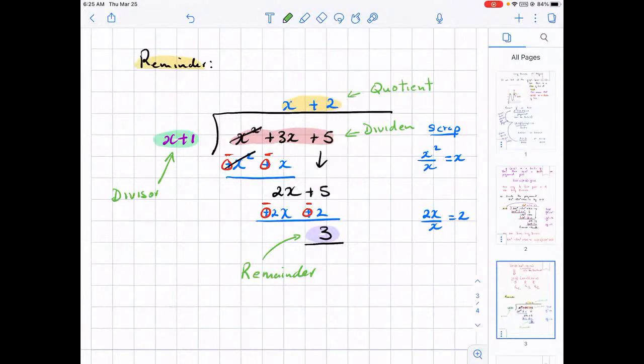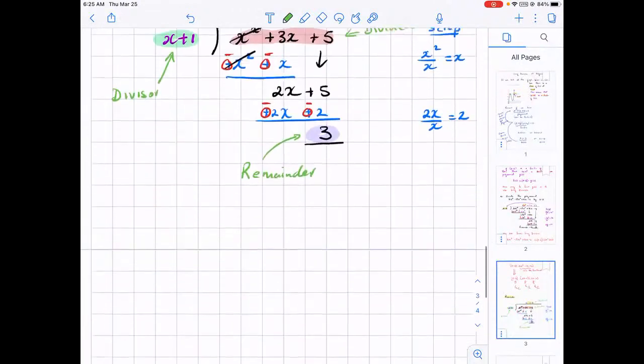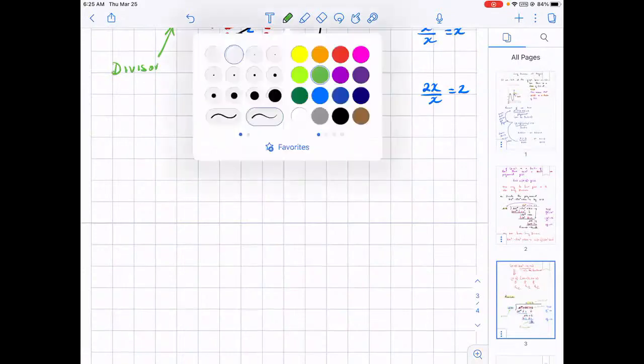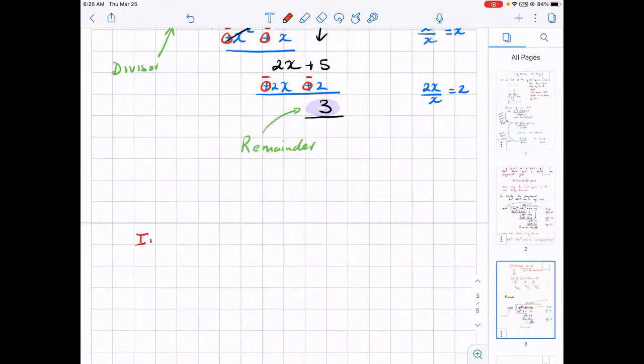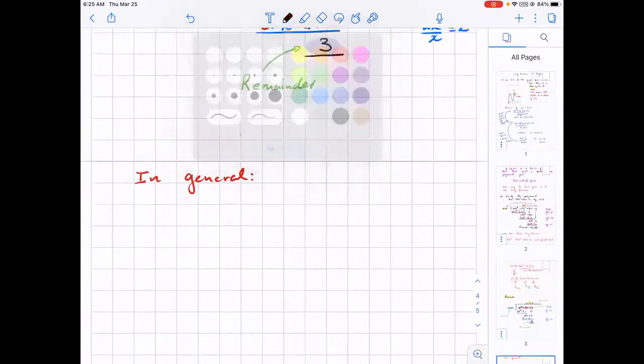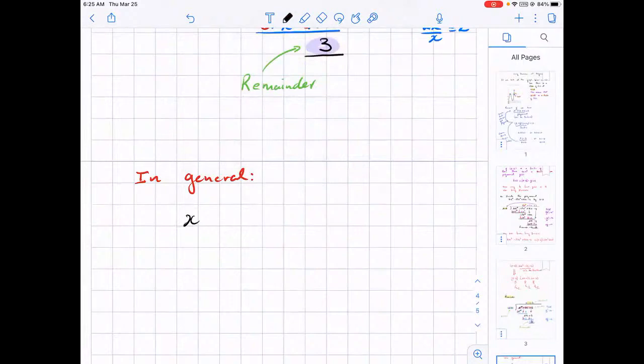And you will see, very important, okay, that in general, if we have x cubed plus 3x plus 5 divided by, let's say, x plus 1, okay?